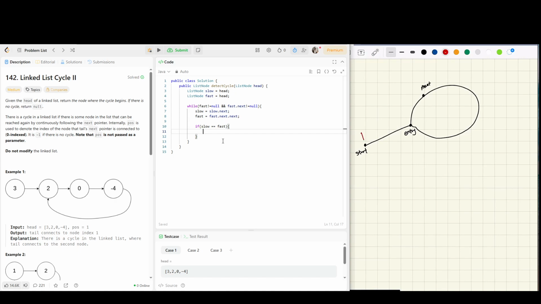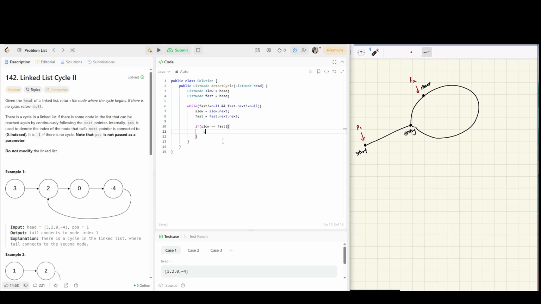There will be one pointer here at the start, and another pointer here where they met. Then we are going to iterate them one by one until they meet. And surprisingly, they meet at the entry point. We'll go through the logic later.